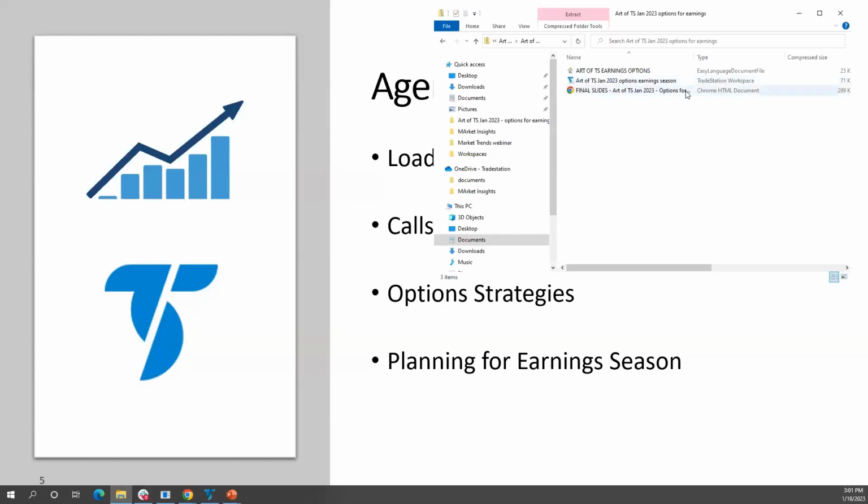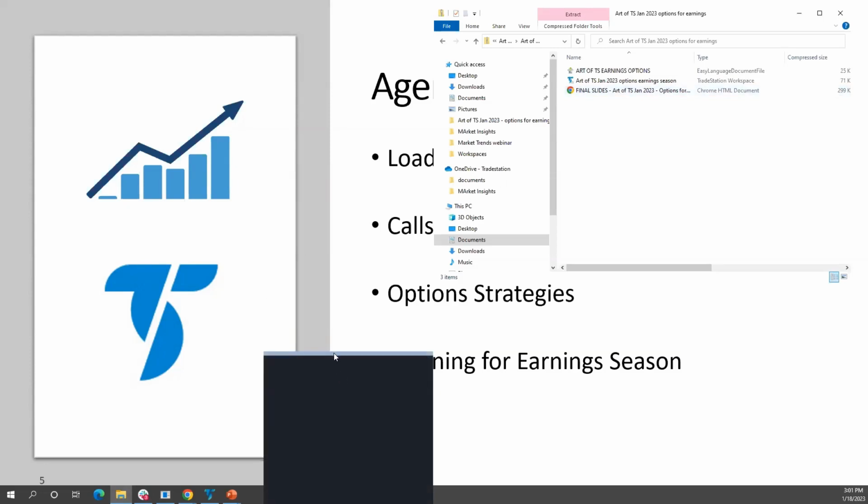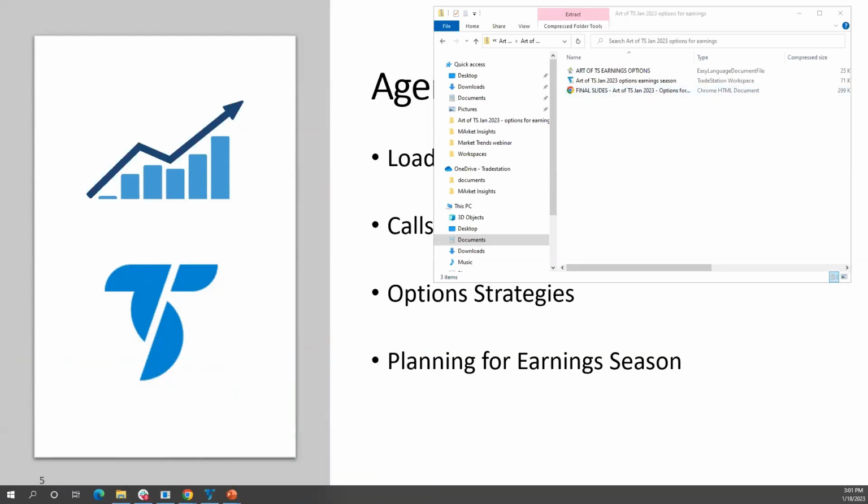You're going to see a PDF. Sorry about this strange thing popping up. This is the workspace, and this is the ELD file that contains certain indicators.